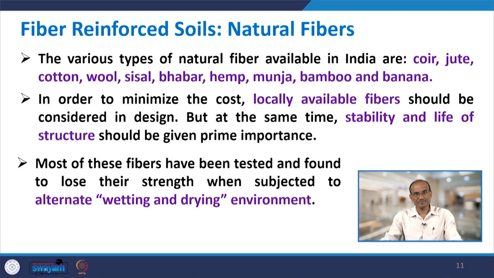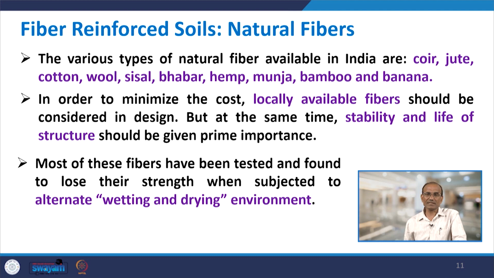Now, coming to the natural fibers. The various types of natural fibers available in our country are coir, which is basically coconut fiber, a kind of waste that is abundantly available, particularly in South India. Then you have jute, cotton, wool, sisal, bamboo, hemp, munja, which is again a kind of jute, and banana.